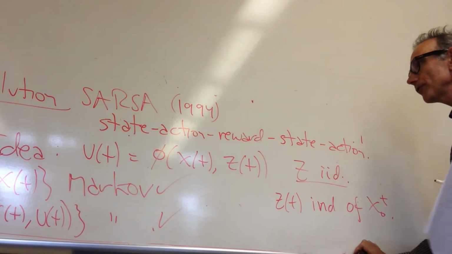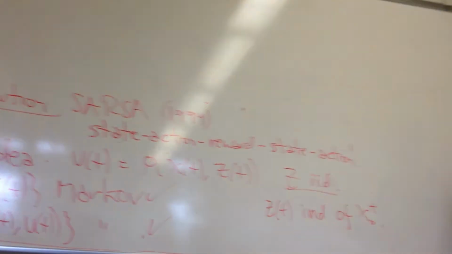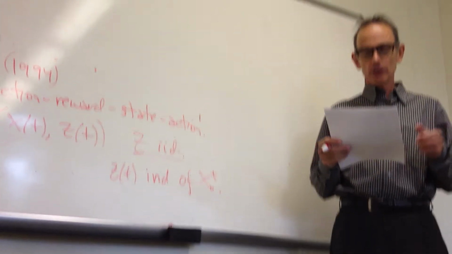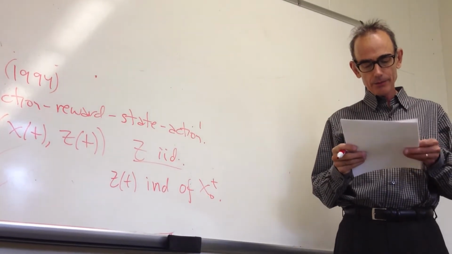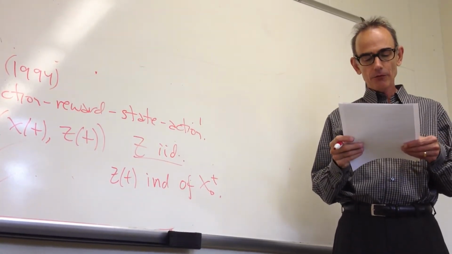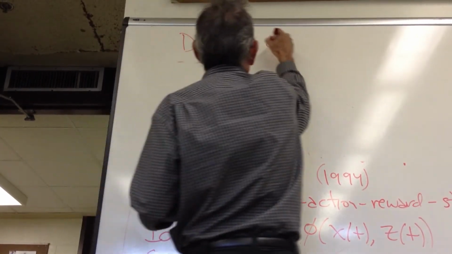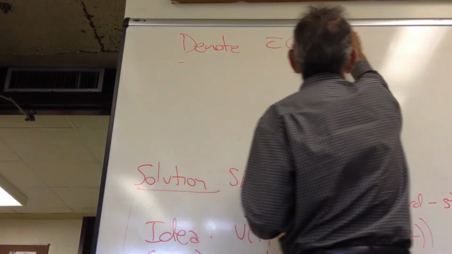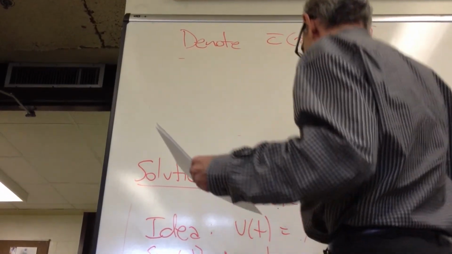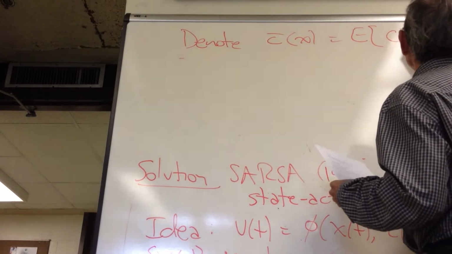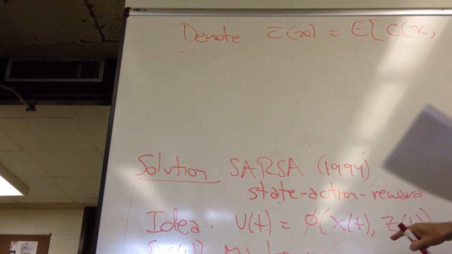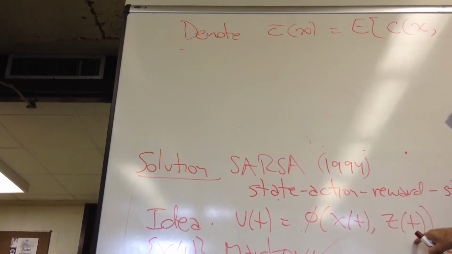So what I first have to do is go back to the beginning and justify what I was doing before, the TD learning. Let's go back and think about what I had done before. I'm going to denote C bar of x equals the expectation of the cost with this policy in place.